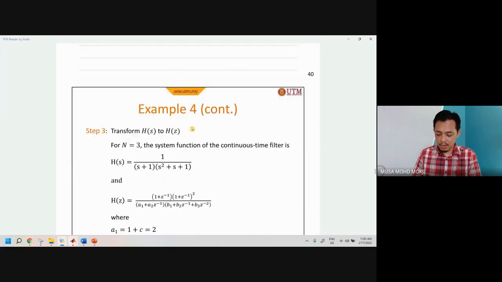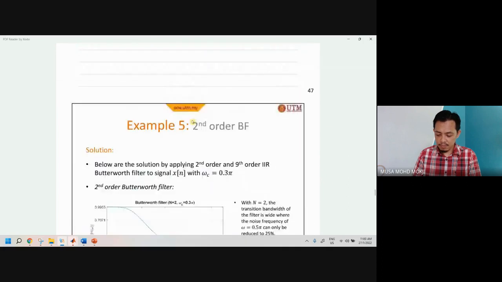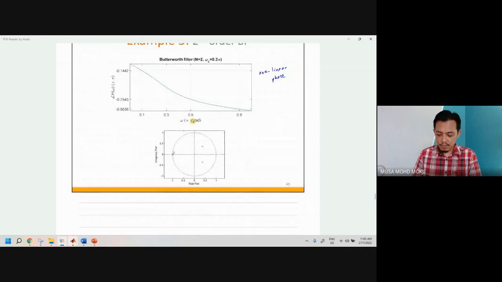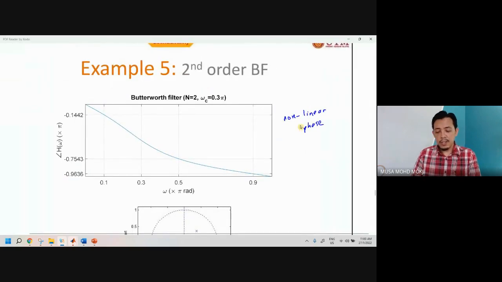Let's go back to this non-linear phase thing, example 5 again. So this system is a non-linear phase. Non-linear phase means the shape of the phase is not linear, but the system is linear.